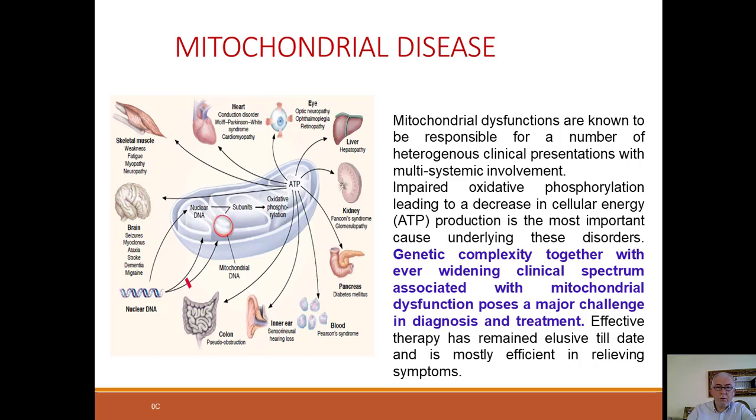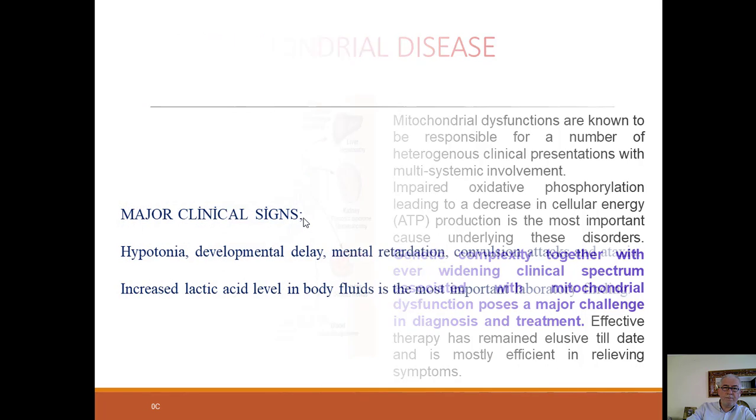When you look at mitochondrial disease symptoms, we can see all important organs are affected by these problems because of decreased cellular ATP production.